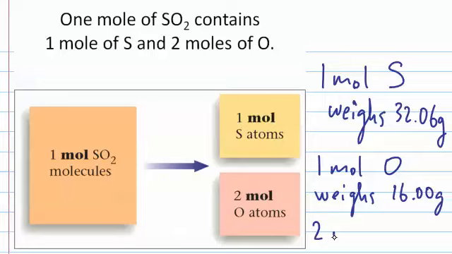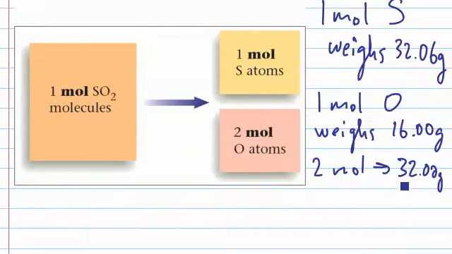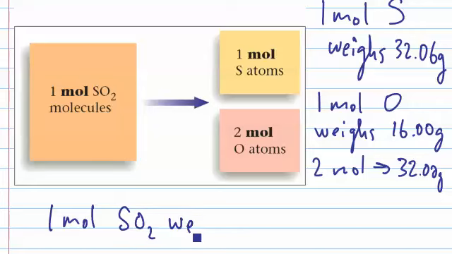So 2 moles weighs 32 grams. So to determine the molar mass of sulfur dioxide, we're simply going to add 32.06 plus 32.00. We don't really even need a calculator for this.